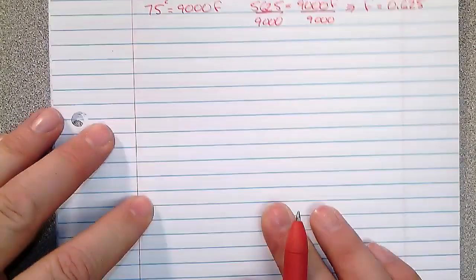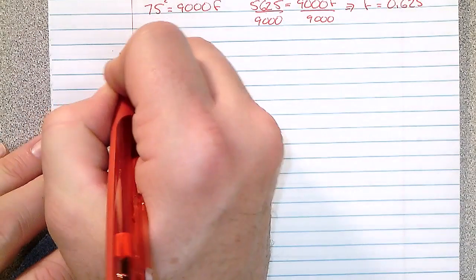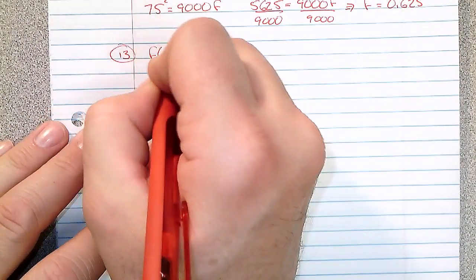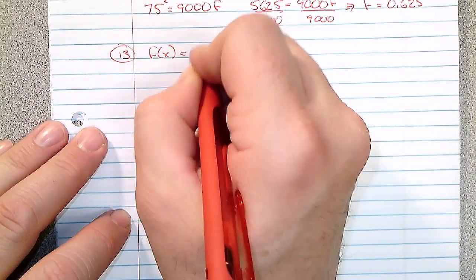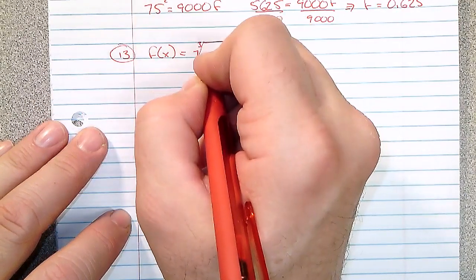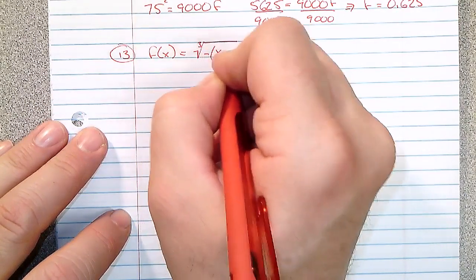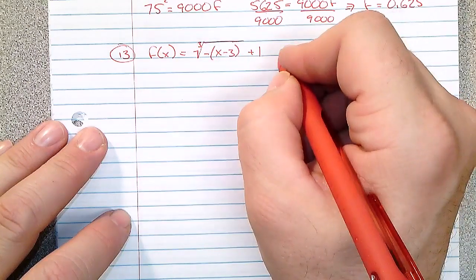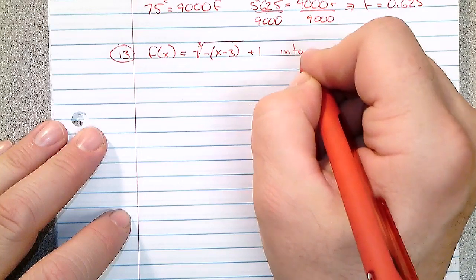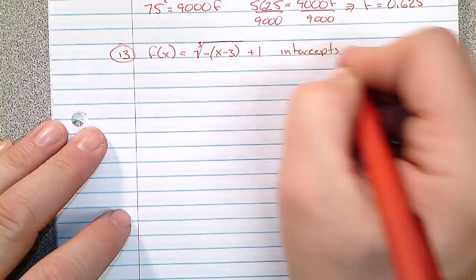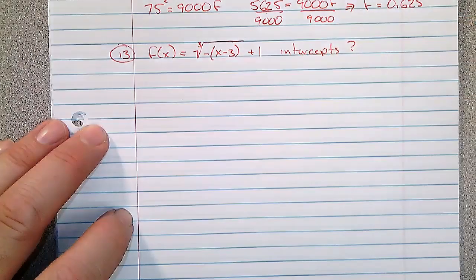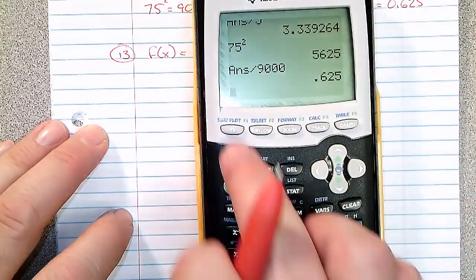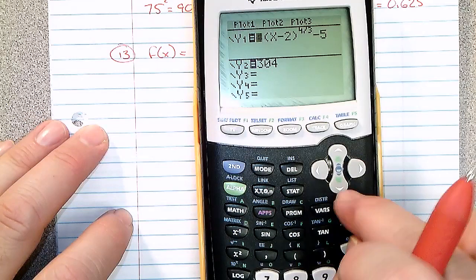All right, 13. We have f of x is equal to the third root of negative parentheses x minus 3 plus 1. And it's asking for the intercepts. So what we're going to do, handy dandy calculator, we're going to go to y equals. We're going to clear.